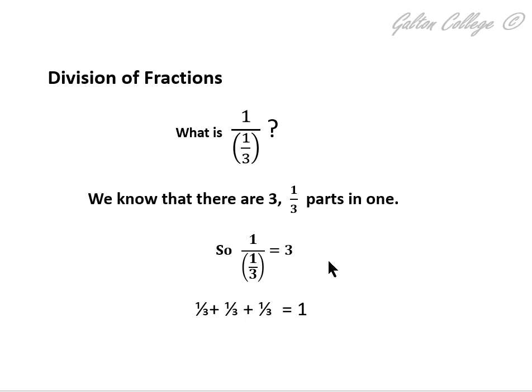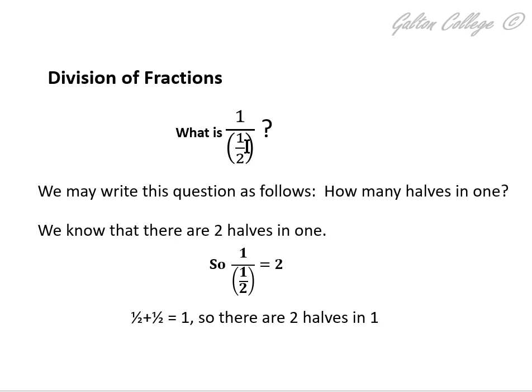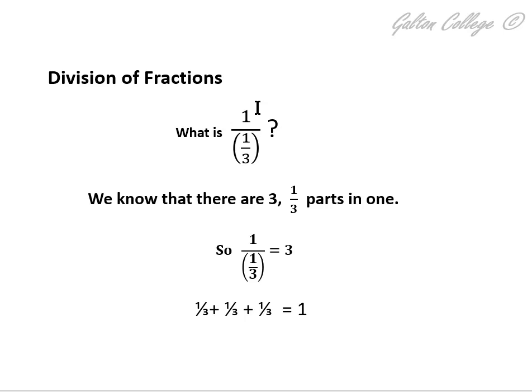So I'll go back to the previous slide for a second. Here we have 1 divided by a half, which gives us 2. The only time we see a 2 here is in this fraction. Now go to the next slide again. 1 divided by 1/3, and we're getting 3.